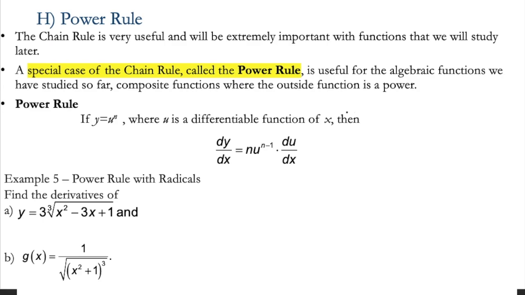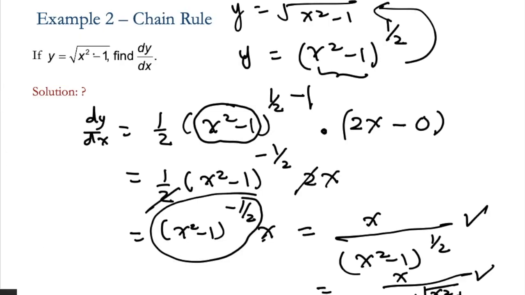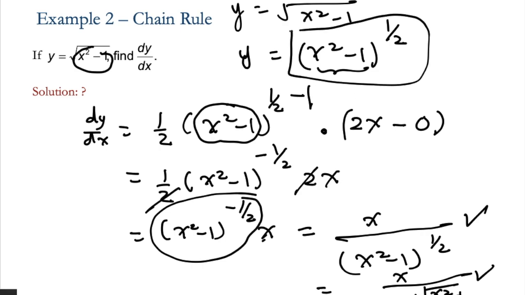Outside the power. So here, if you go back, this is one function. Inside here is one function, and then here is another function. This function is inside this bigger function.